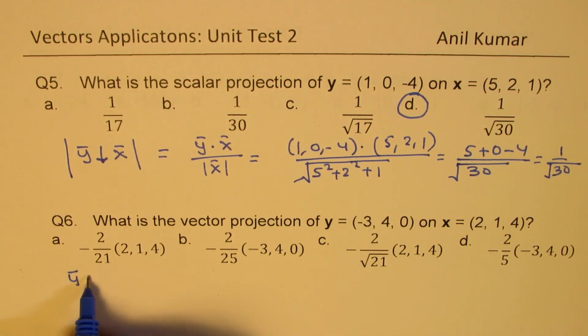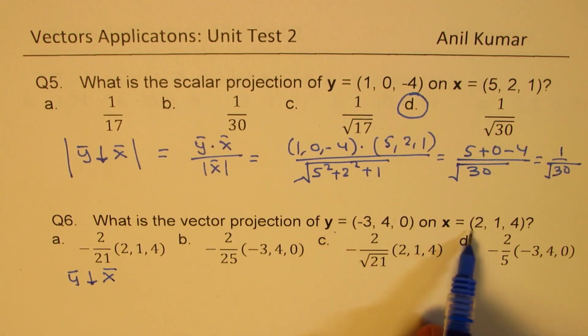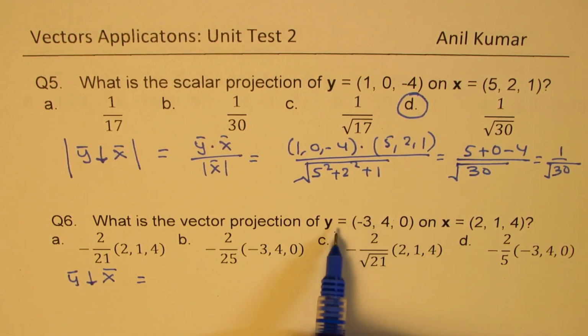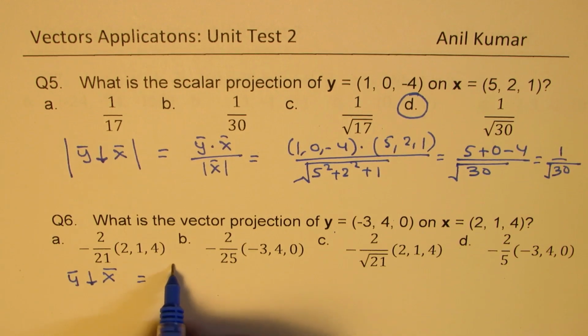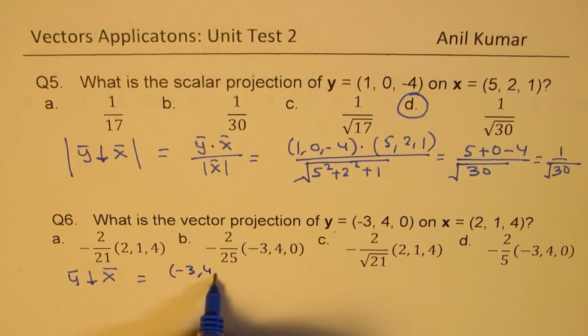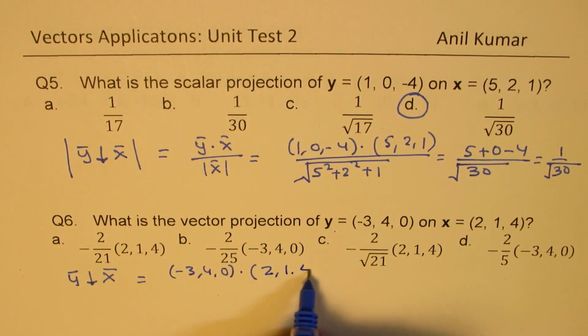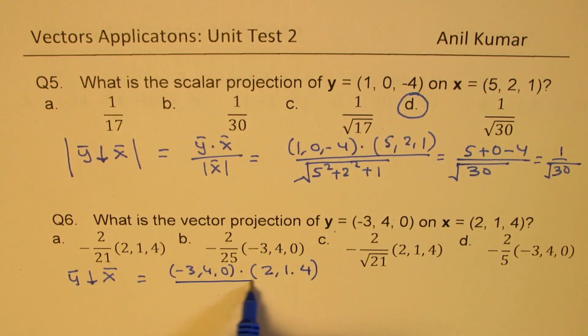Well, now we want this as a vector projection of Y on X. So when you take the dot product of A and B, you get a magnitude, right? So which is (-3, 4, 0) dot (2, 1, 4), right? So that is the dot product which gives you the magnitude.